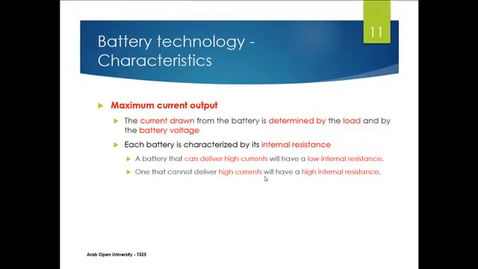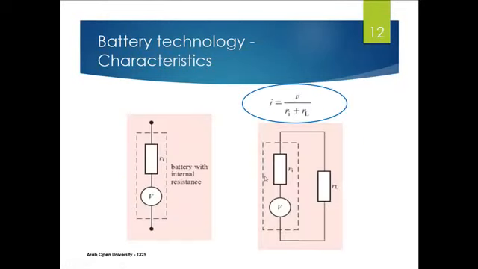So if we have two batteries A and B, and both are, let's say, 1.5 volt, and they are connected to the same external load, and we find that battery A is delivering a current that is higher than the current drawn from battery B, we can deduce that the internal resistance of battery A is smaller than the internal resistance of battery B. To model this, we can have a look.